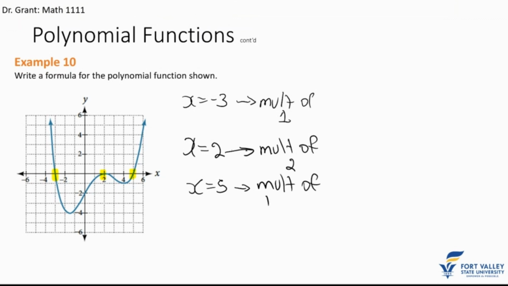That's going to be a multiplicity of 1. So now we have our zeros and their multiplicities. So we can work backwards to get our polynomial.